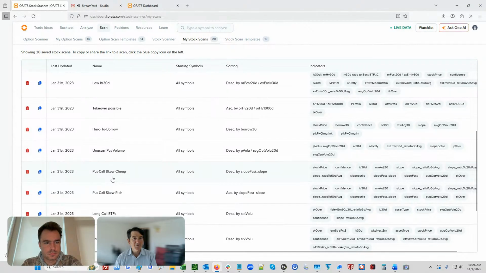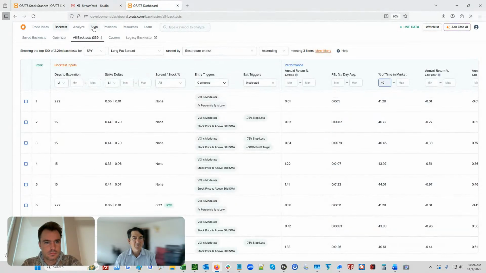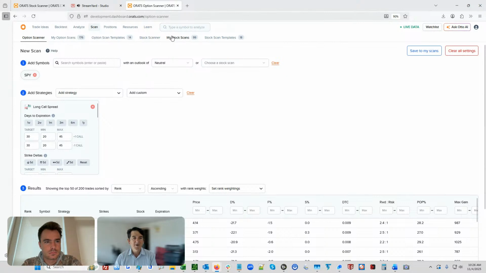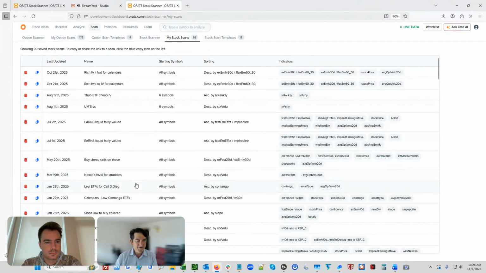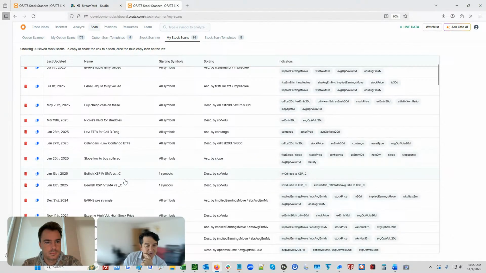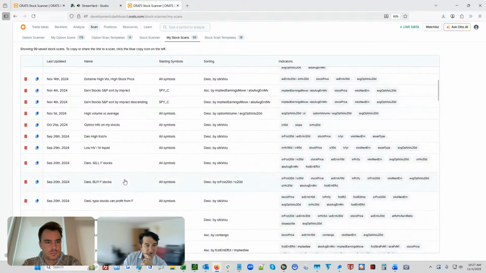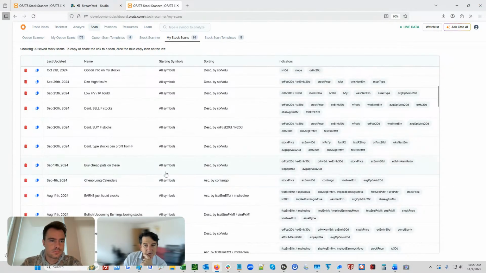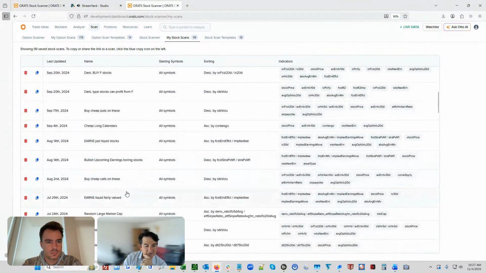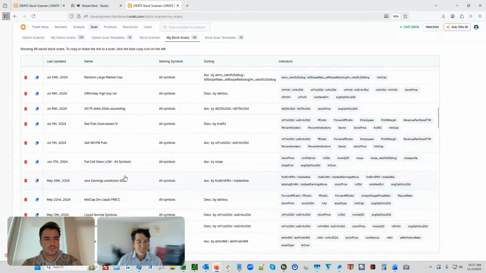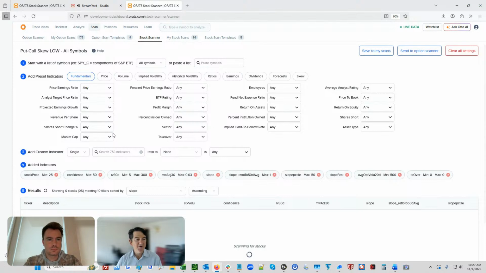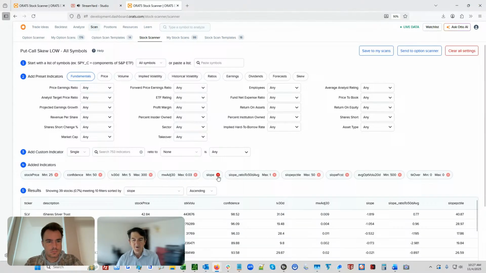Here's a put call skew one, with minimum stock price, high confidence, volatility in a reasonable range, and slope.